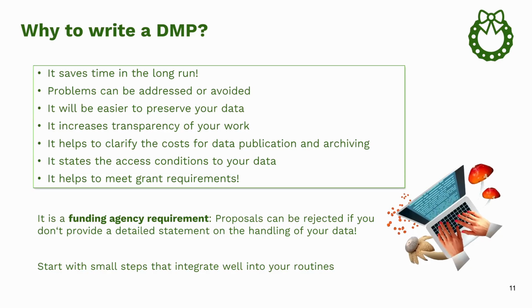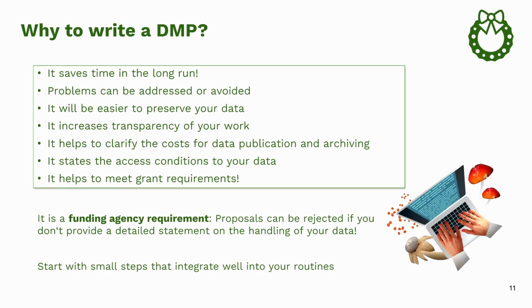The DMP will help you also to clarify both the cost for your data publication and archiving, but also to specify which are the access conditions to your data. So here you get to decide that. You should also write one because it helps to meet grant requirements. So the trend right now is that a growing number of funding agencies, journal publishers, and institutions require a specification on how the data was produced and how the data will be archived and shared.